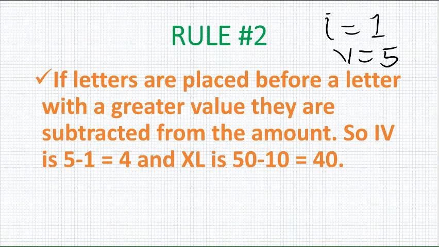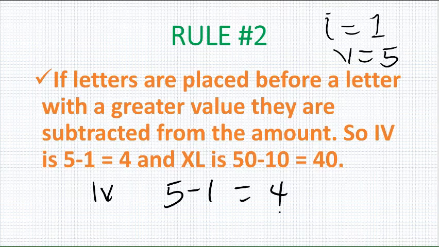So V and I, which is greater? Of course, V is greater. So if I see IV, it's simply saying I coming before V, that I should subtract I from V. So I'm going to do 5 minus 1, which is 4. So this is how I find 4.